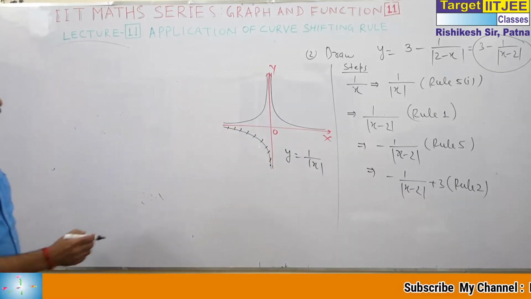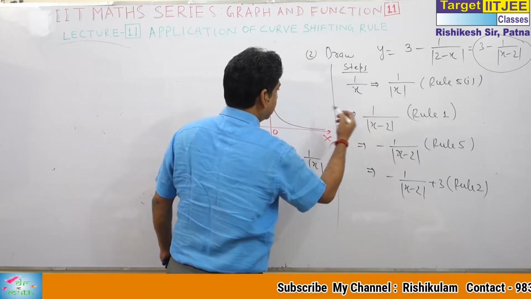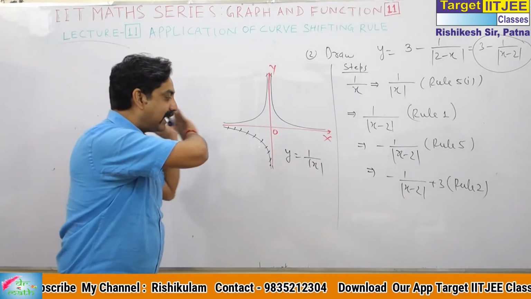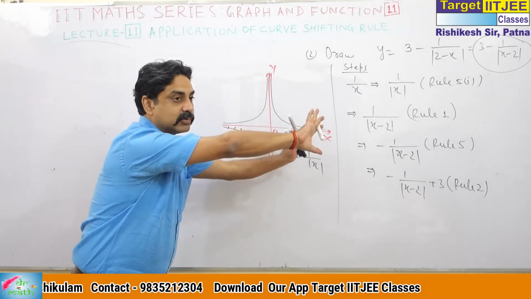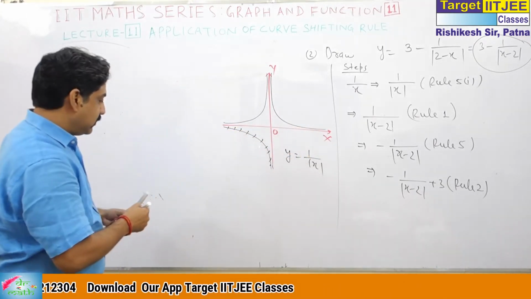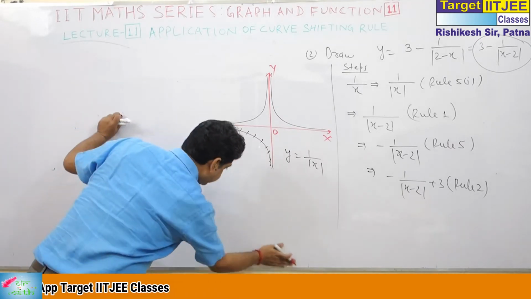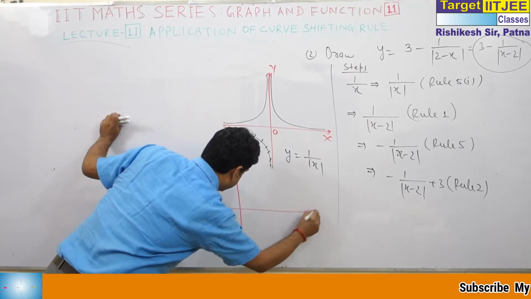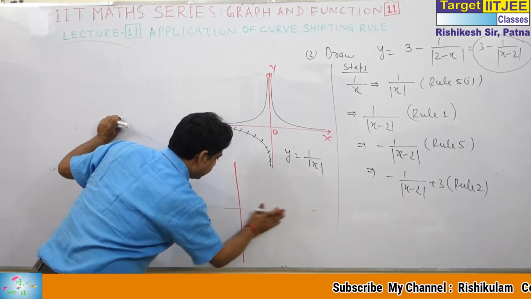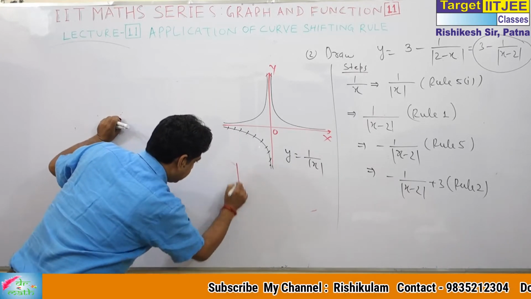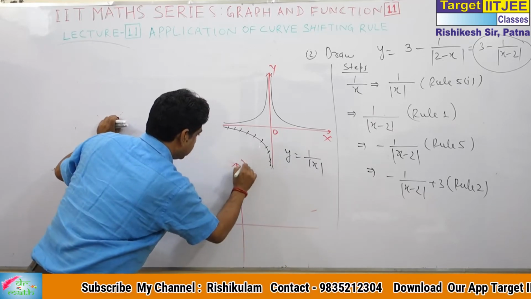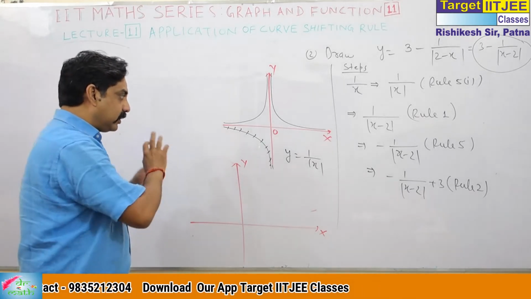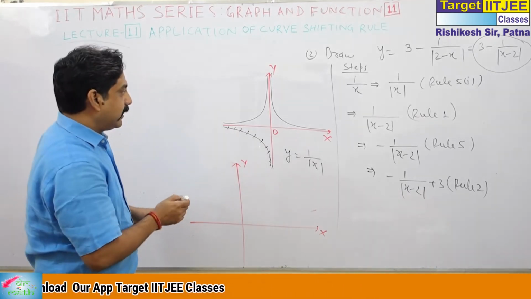Then what do I have to do? I have to take x minus 2, rule 1. Make this whole graph shift 2 units towards the right.